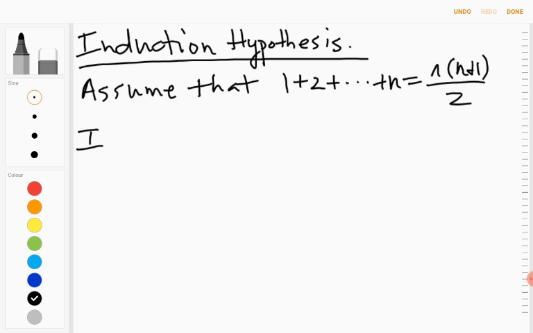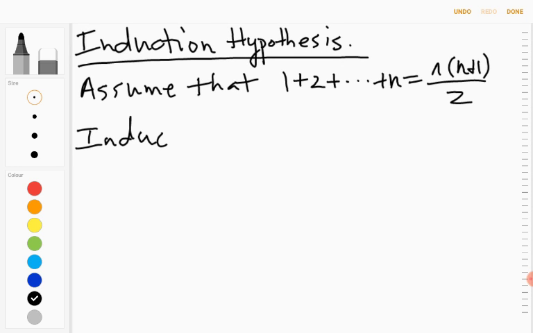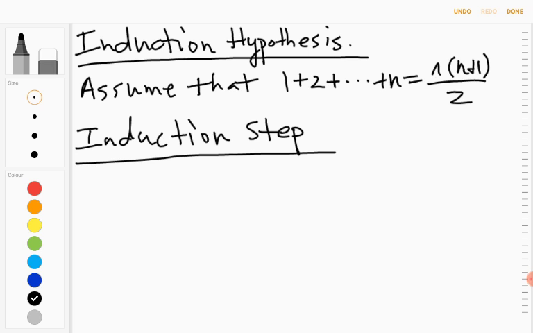So we do this, we call this, which is the real proof, the induction step. So this is the induction step.